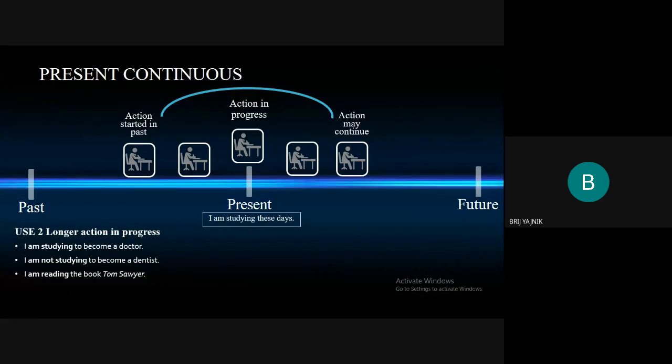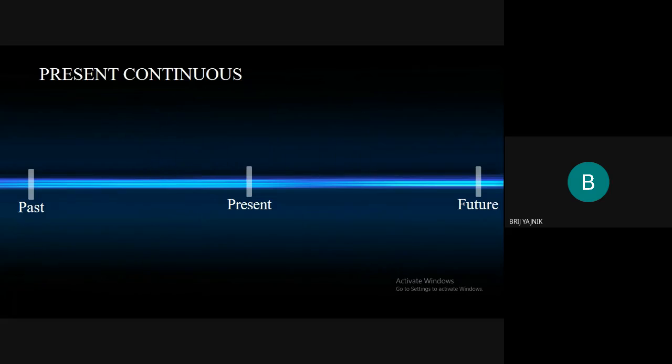All right. Okay. Let me now show you one more way of using this tense, and this will take you to, again, the future concept. So, let's say, for example, I'm talking about my plan, and this plan is my planned action of future, right?